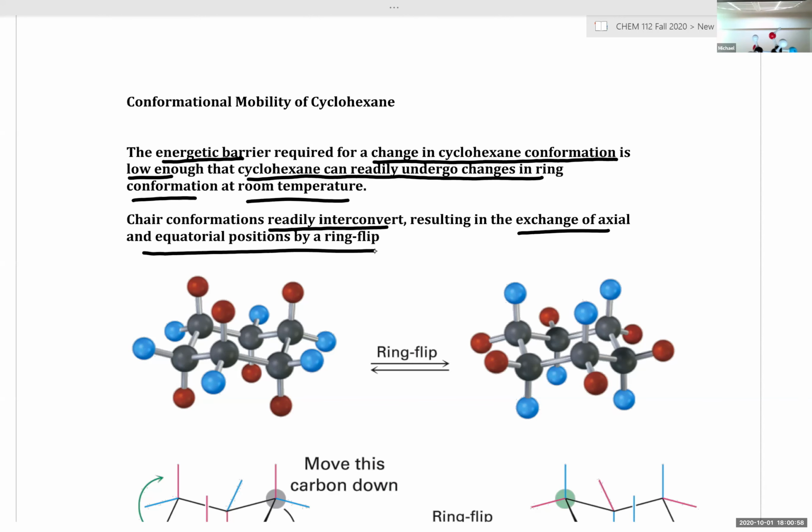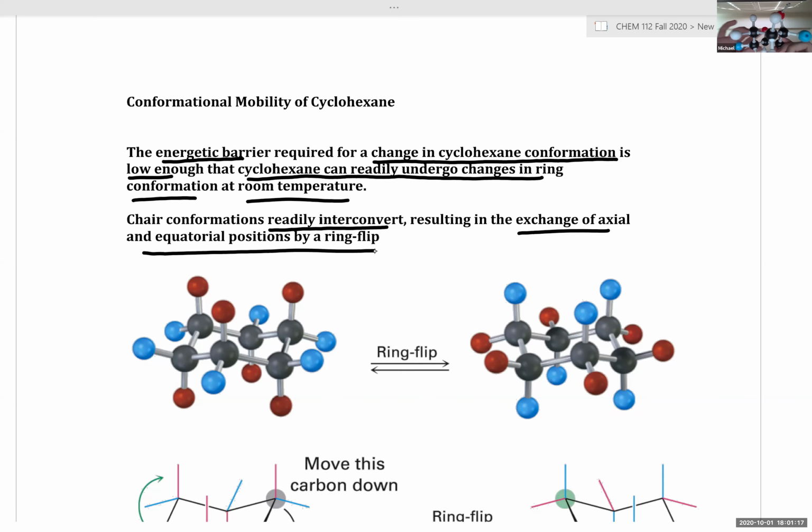Okay, so pretend now looking at the following ring system, we have our chair conformation all set up and ready to go.